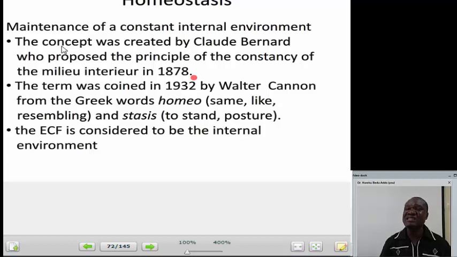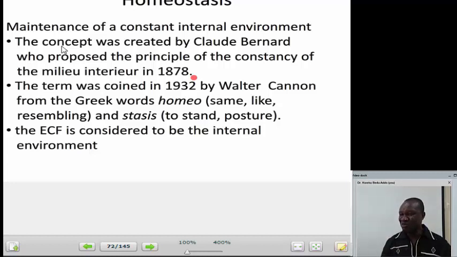And he realized that irrespective of the environment, certain parameters in the organism were kept constant. They did not change. So he proposed this concept of the constancy of the milieu intérieur. That's French, and I'm not good at French, so we carry on. That was in 1878.